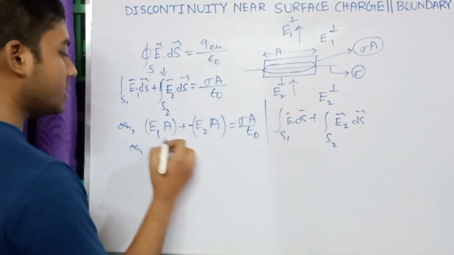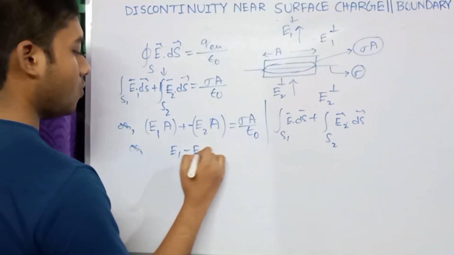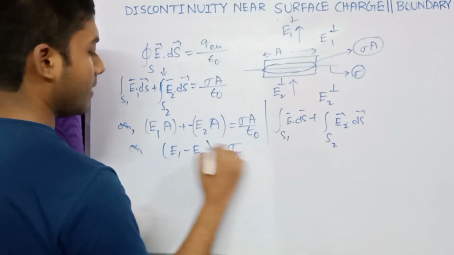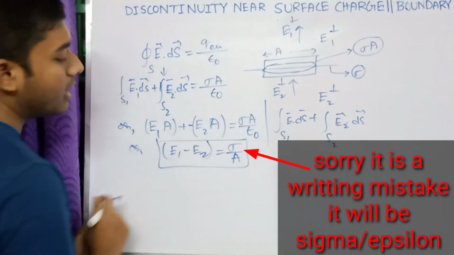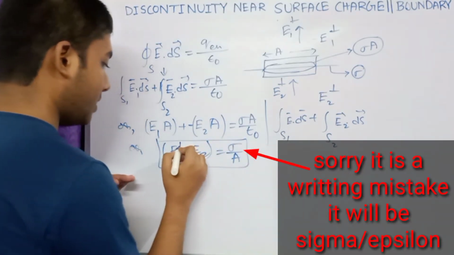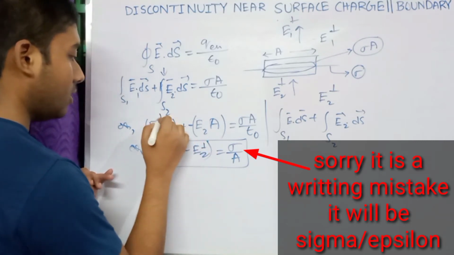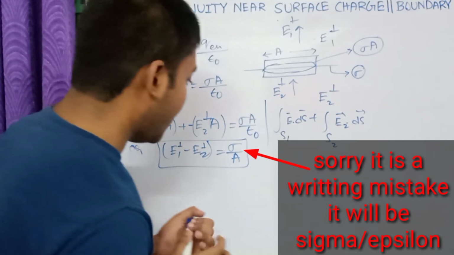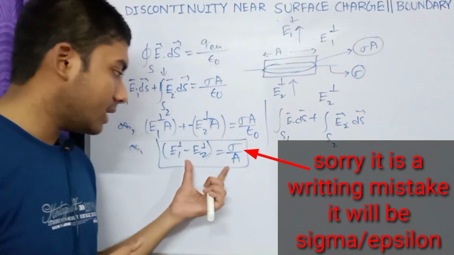So this will be just E1 minus E2 into A, and if we calculate, this will be sigma by epsilon naught. So E1 minus E2 perpendicular, obviously these are perpendicular components, is equal to sigma over epsilon naught. What is it denoting?